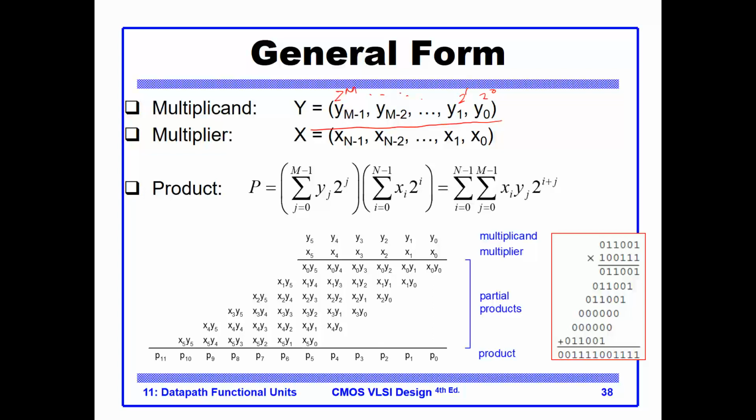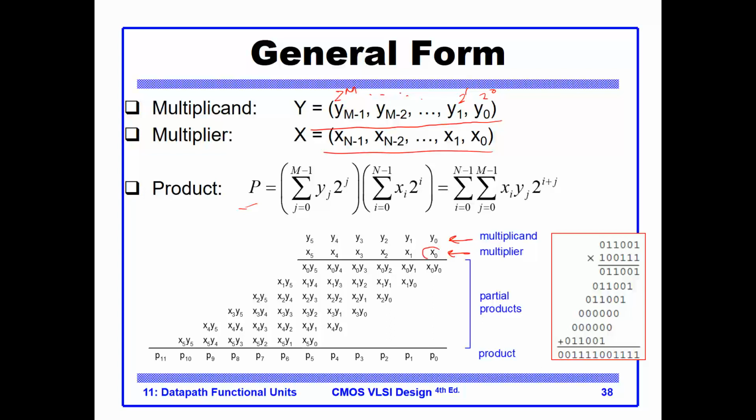Of course, y0 is multiplied by 2 to the power 0, y1 by 2 to the power 1, and this signifies the position of the bit. Similarly for x. The product is the multiplication of these two numbers, and we are trying to express this mathematically. Here is the multiplier, here is the multiplicand.